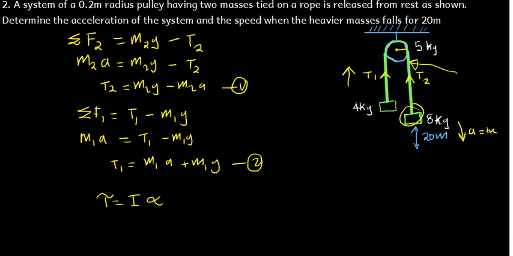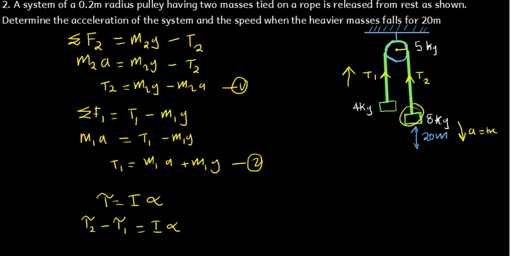The torque in the direction where it is going down, since we have got tension 2 here, I'm going to call torque 2, minus torque 1. This should be equal to I times the angular acceleration.